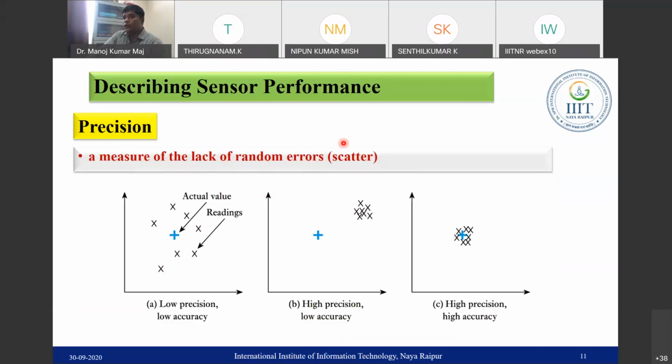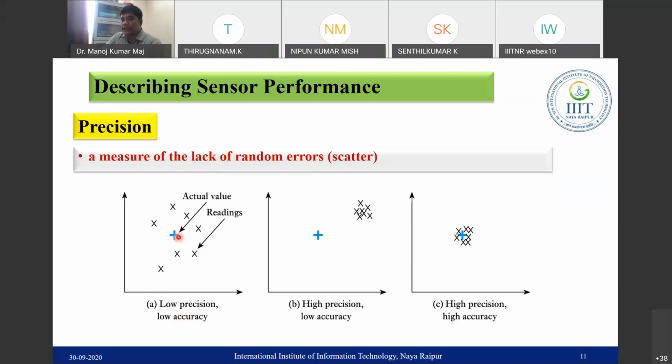That is called the scatter. So actually, whenever we are measuring some values, we have to see what should be its actual range and what its readings are. So between this, we can go for the precision and the accuracy. So we can see here that the first figure A is the low precision and the low accuracy.